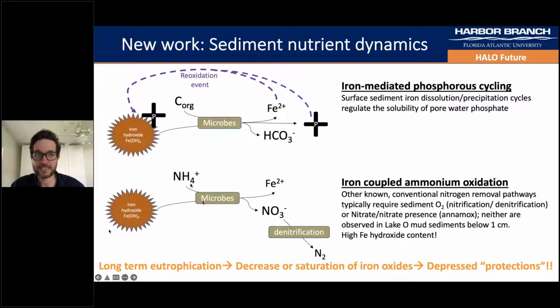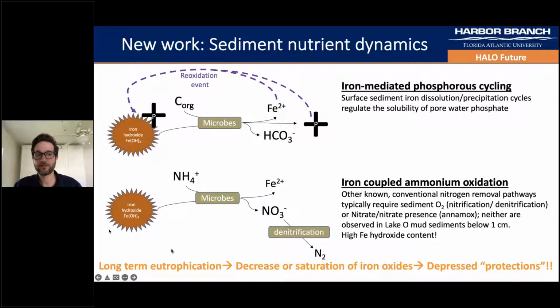The whole idea is that ammonium is directly oxidized to nitrate using iron oxides instead of oxygen, and then it can ultimately be denitrified after that. And so we'll be collaborating with University of South Carolina, Annie Bourbonnet's lab, to conduct some incubations using nitrogen isotopes to see if this process is the main mechanism by which we're removing ammonium from the pore water.